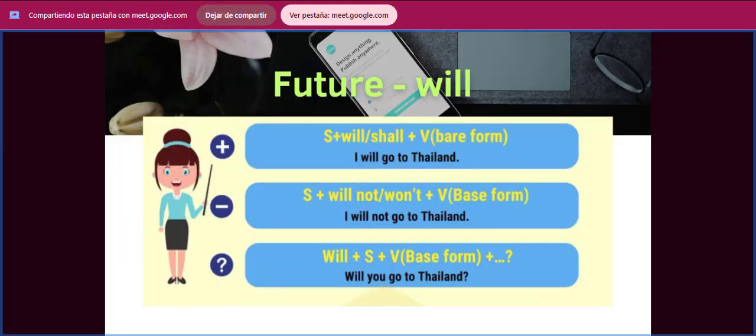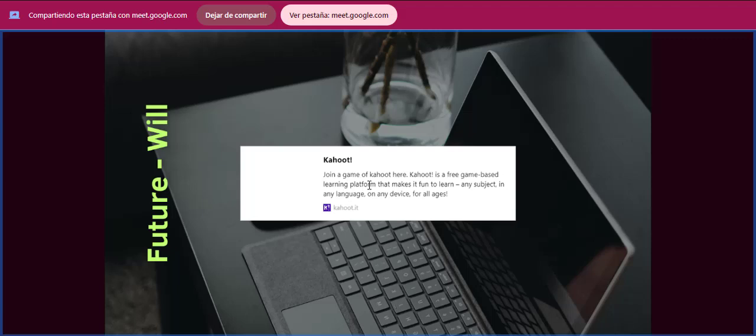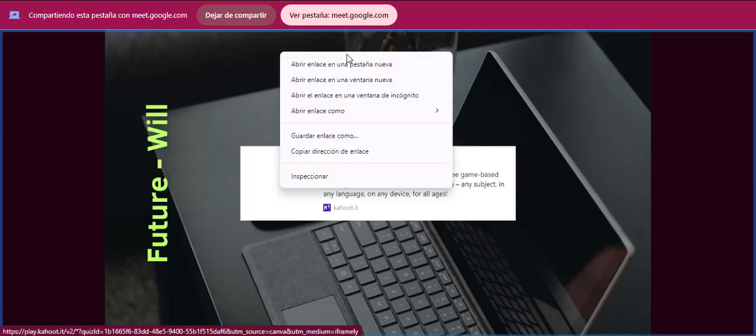So let's do a practice to see if you understood the future. To practice, I got a Kahoot for you. Let me open the link. And as you know, to join Kahoot, you will use either the number, the code, or you can scan the QR code, and we'll get some questions to check if you understood the content.